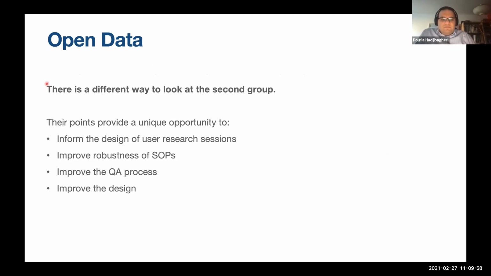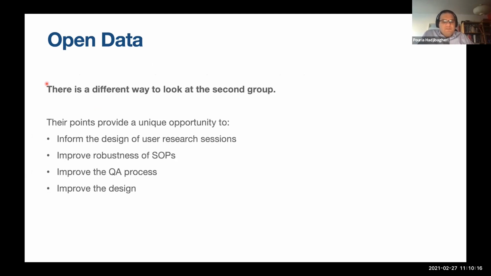We can look at it in a different way, in that the points they're making would inform the design and user research sessions that we run, so we can ask more relevant questions.